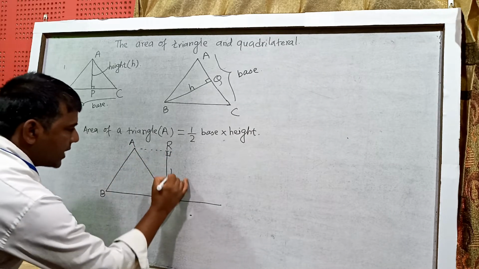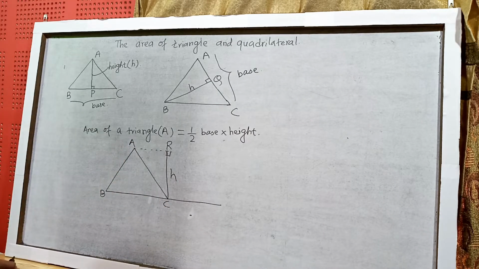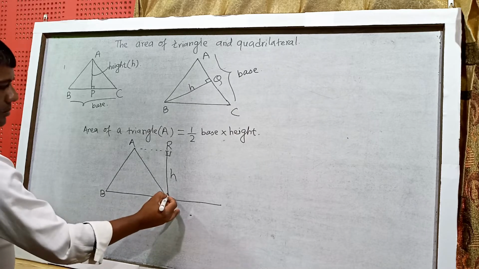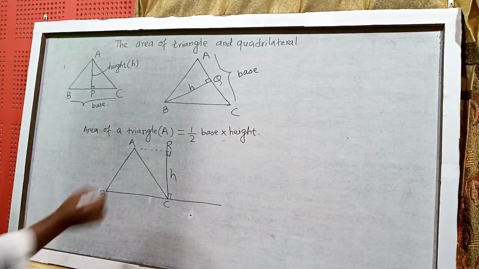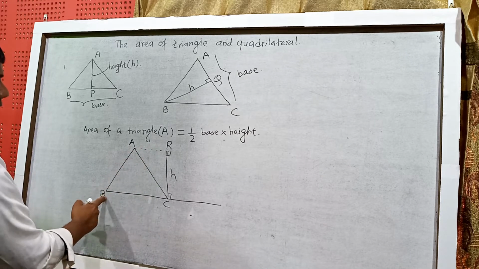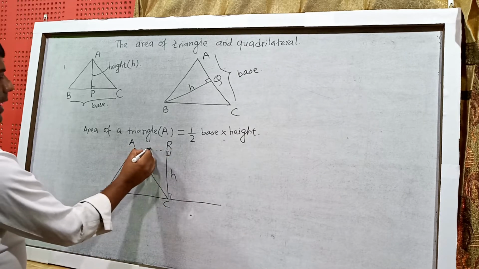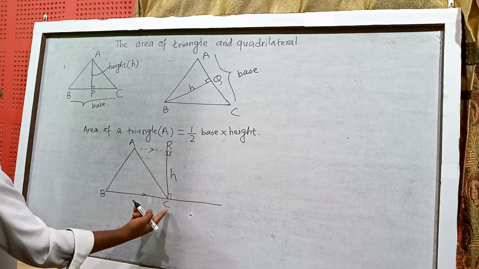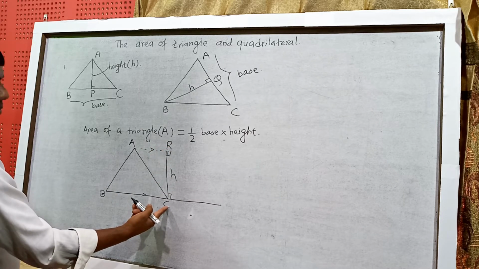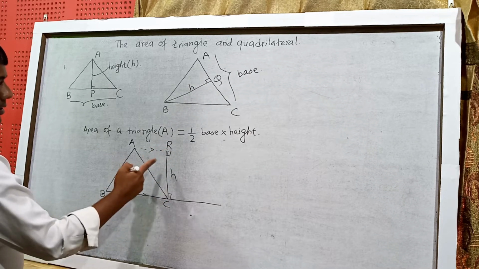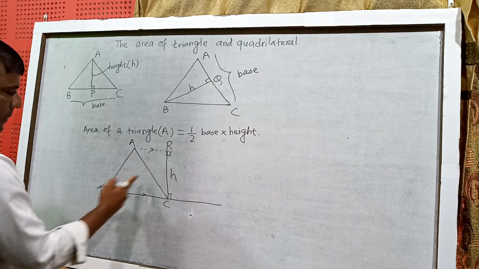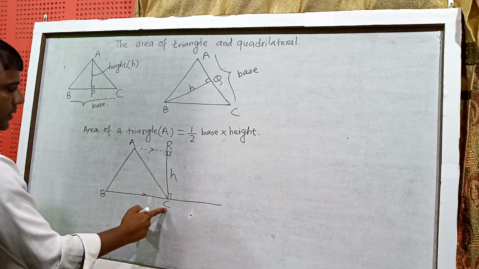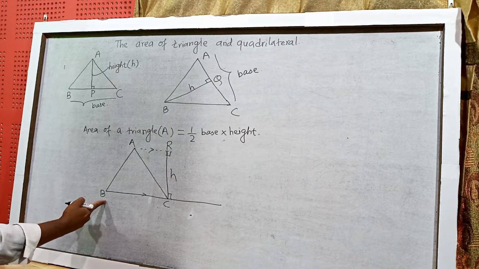In this case, it is the height of triangle ABC and BC is the base. In this case, BC should be parallel to AR. BC and AR are parallel, then RC is perpendicular to BC or to AR. So RC is the height of triangle ABC and BC is the base.